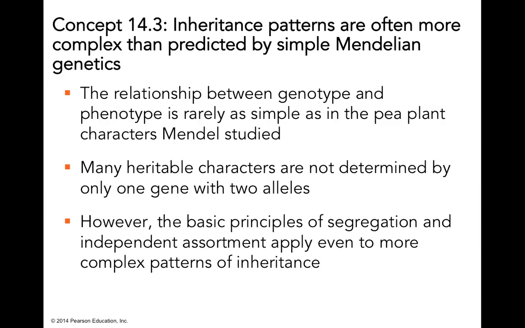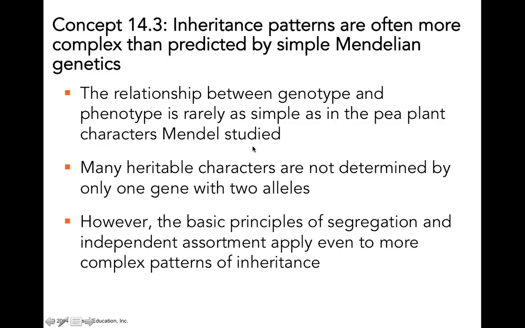So we don't always see a simple Mendelian inheritance pattern. Often, when we're looking at the genetics of characteristics, we don't see that it's quite as simple as what Mendel observed.